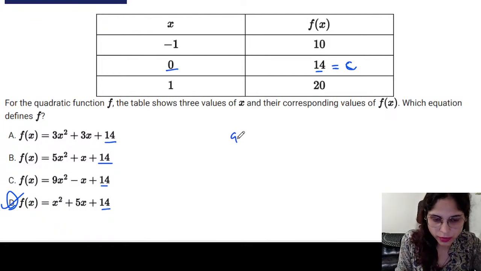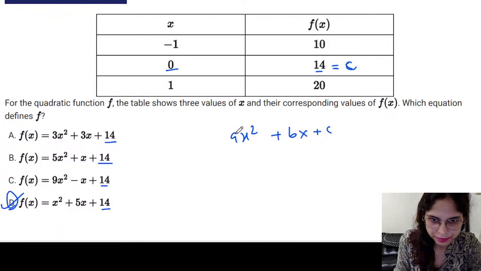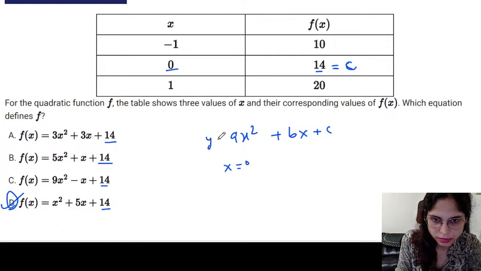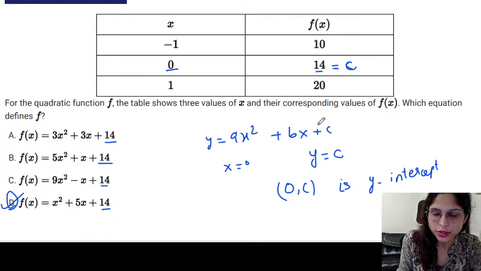So in ax square plus bx plus c, because when x is equal to 0, y becomes c. So 0 comma c is your y-intercept. So your standard form represents the y-intercept.